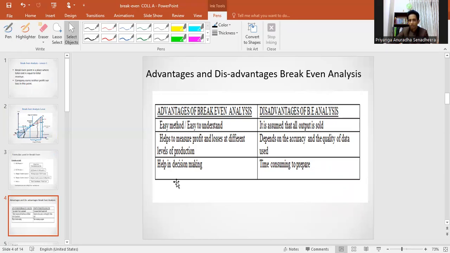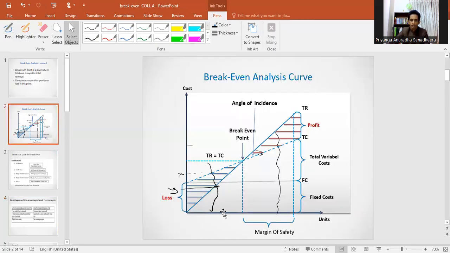You are given a formula, so you can easily calculate these things and get an idea. Next, it helps to measure profit and loss at different levels of production. So at different levels, you will be able to understand whether there's a profit or a loss, with the amount.